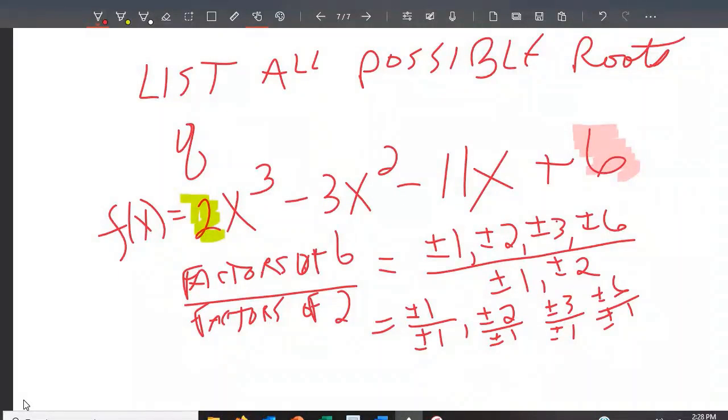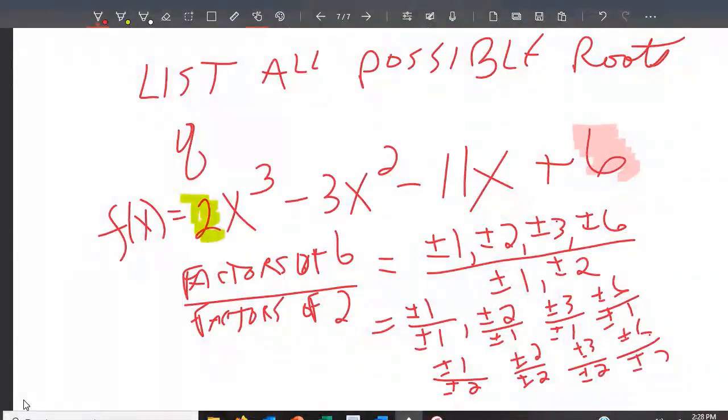Alright, so that's doing the 1. Then you turn around and say, okay, plus or minus 1 divided by plus or minus 2, plus or minus 2 divided by plus or minus 2, plus or minus 3 divided by plus or minus 2, plus or minus 6 divided by plus or minus 2.